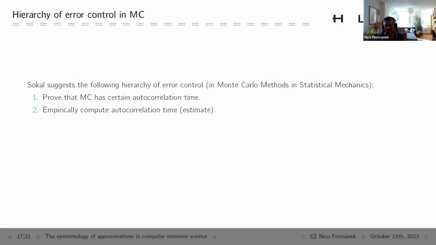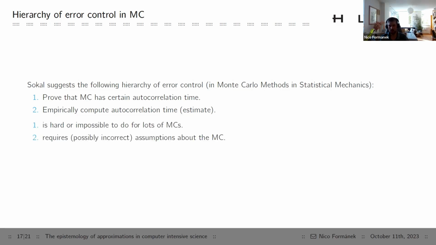But there's no mathematical guarantee anymore if you do this empirically, right? So sometimes you have maybe heuristic arguments, or you are convinced that your algorithm is well behaved enough that it won't do anything crazy in the long run, but there's no mathematical guarantee for that. So this is what Sokal suggests here, and I think we can generalize this hierarchy from Monte Carlos to all approximation methods. This is on the next slide.